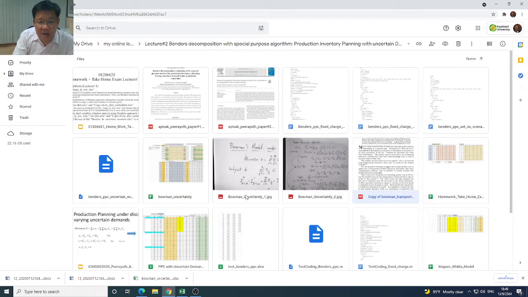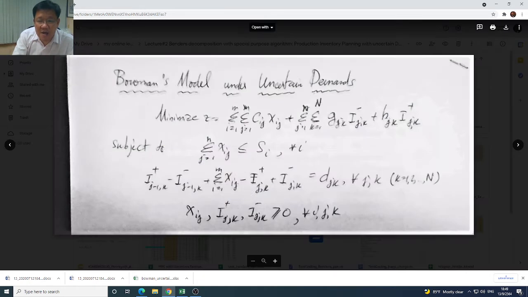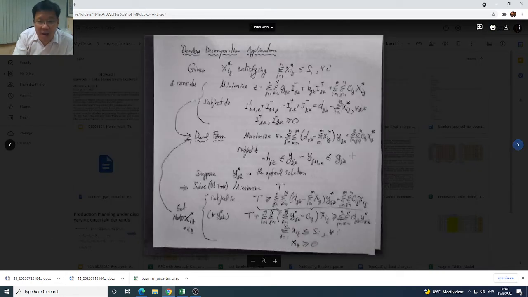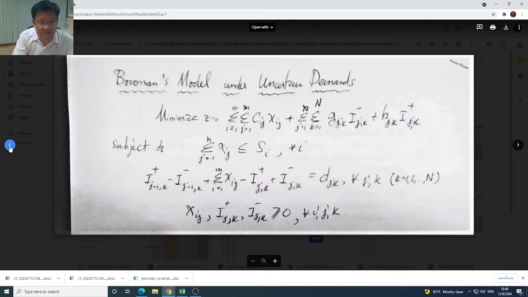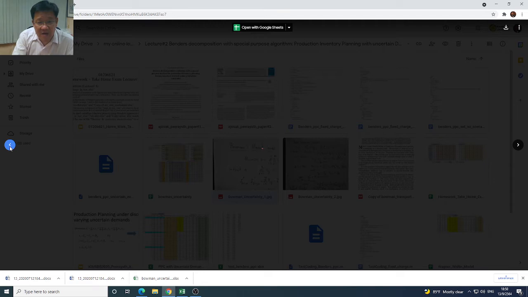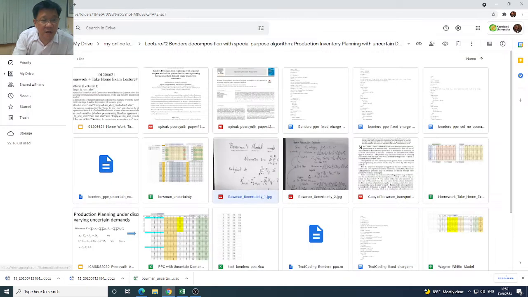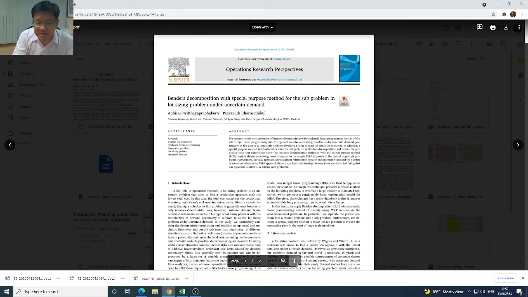Then we applied the Bowman model when you consider only uncertain demand, not uncertain capacity. Also we applied what we call the Benders application, and found the link of using the previous knowledge from the paper of Apisak here, that you can apply.